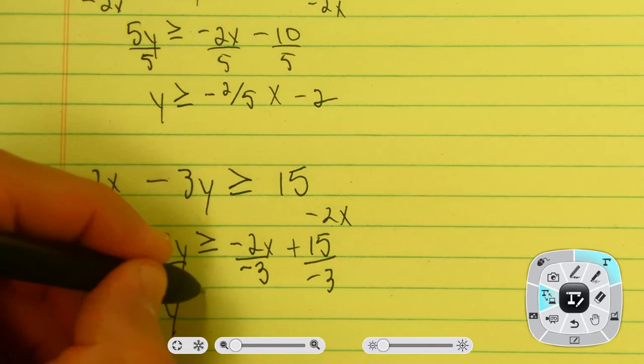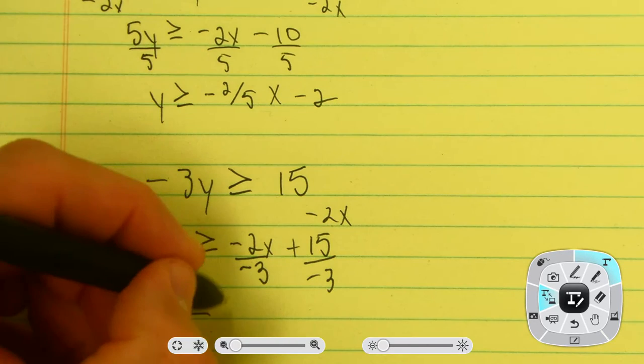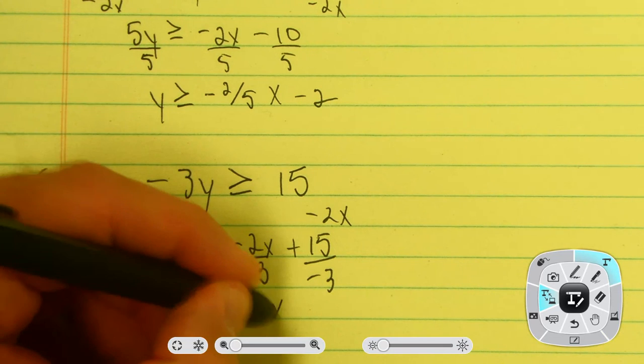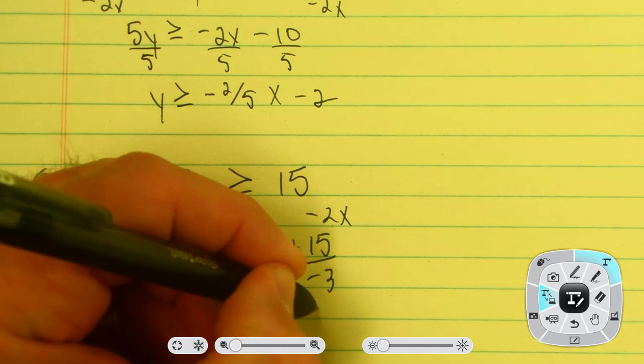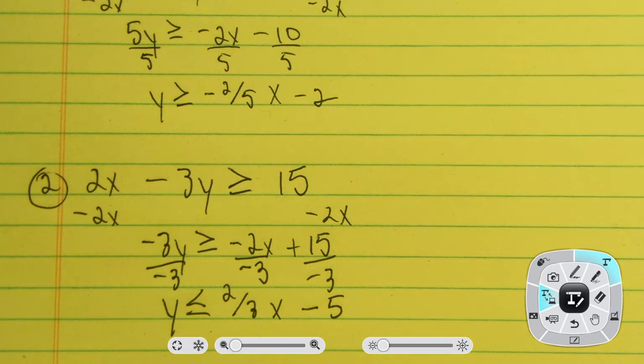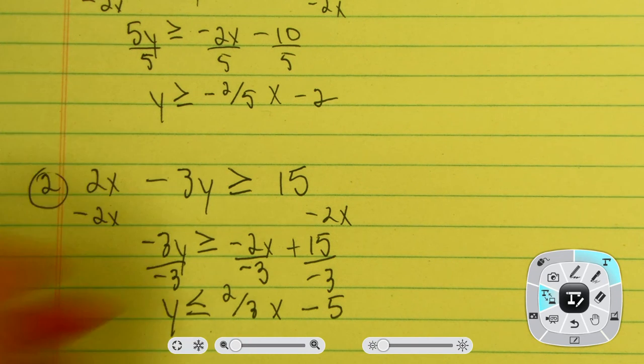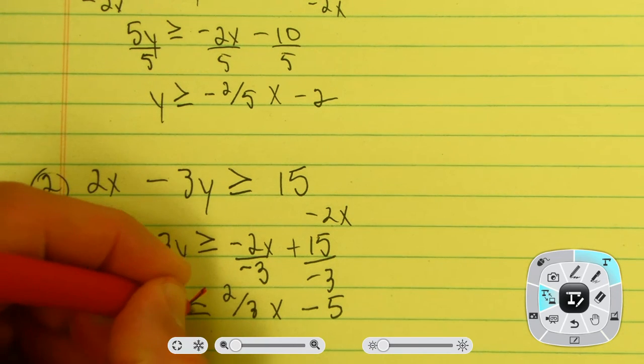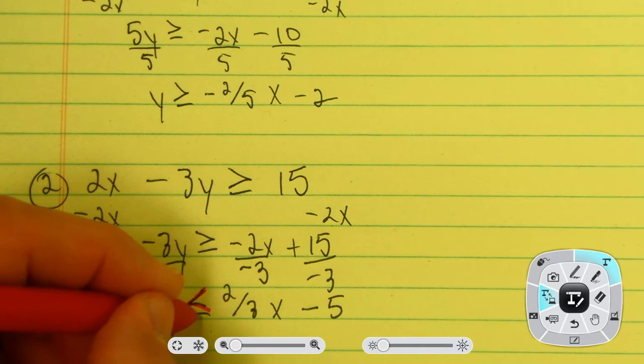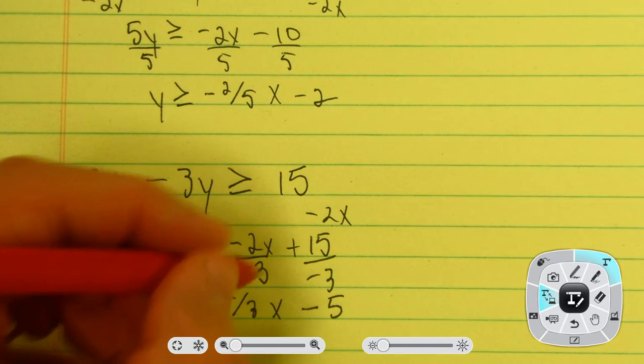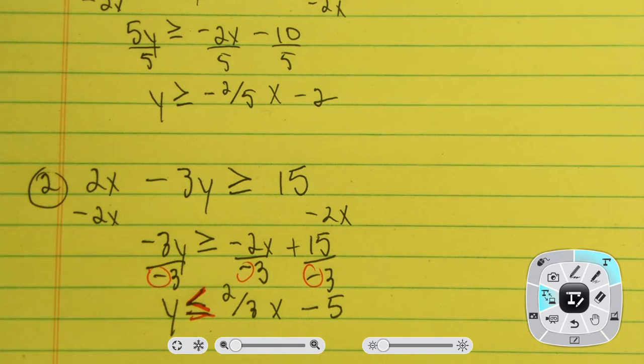I got y is less than or equal to 2/3 x minus 5. Oh, so there we go. That works fine. And notice that I reversed my sign. Why did I do that? Because I had divided by negative 3. So you can't make that mistake. That'll make your answer entirely wrong if you make that mistake.